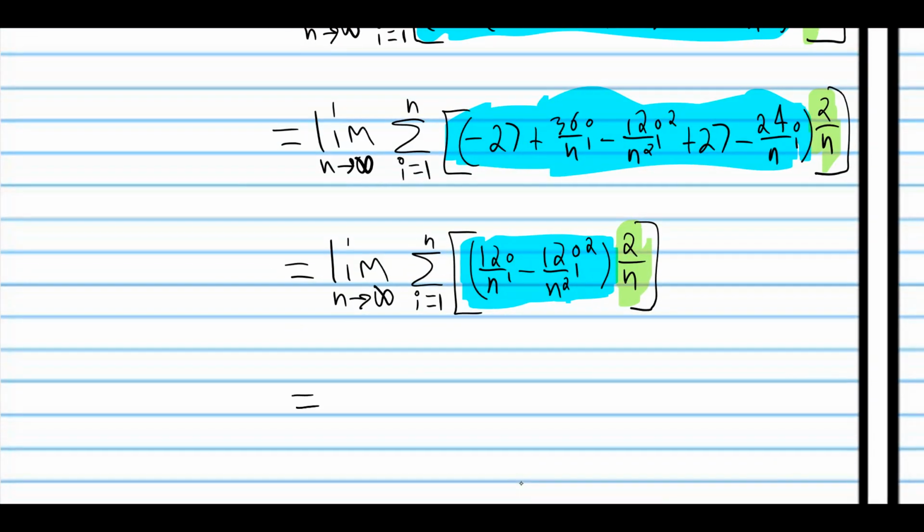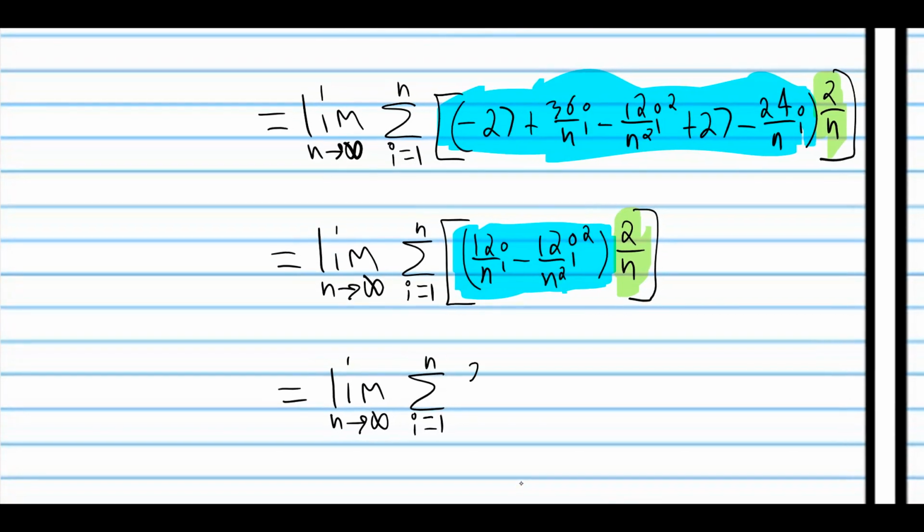Now we're going to distribute, of course. So then we get 24 over n squared i minus 24 over n cubed i squared.